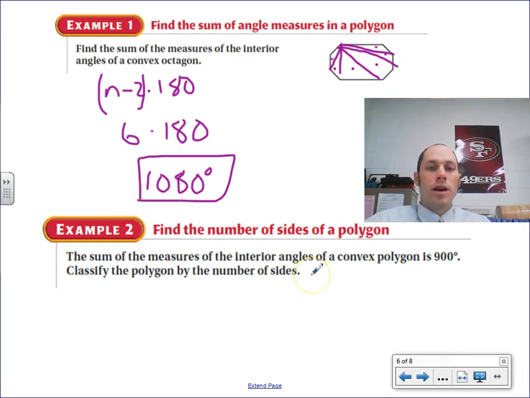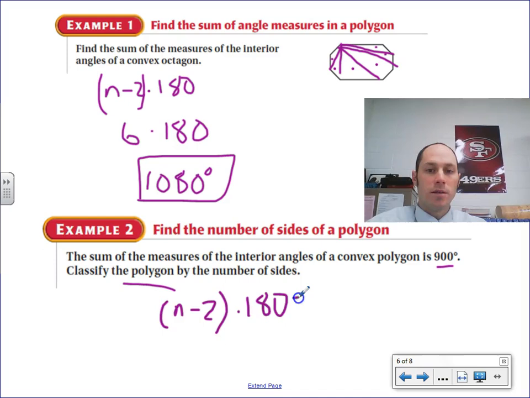Now, we want to find the measures of the interior angles of a convex polygon as 900 degrees. Classify the polygon by the number of sides. Well, we got to do a little bit of algebra. I know the number of sides minus 2 times 180 gives me my sum. So if my sum is 900, I just got to reverse my algebra here. So divide by 180.